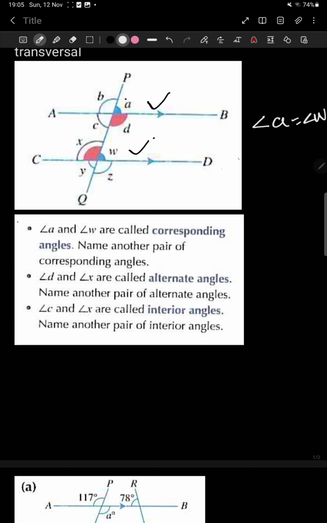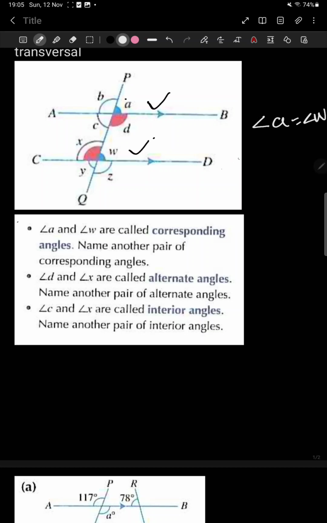Other corresponding angles: angle D will be equal to angle Z. These two angles are corresponding angles. Corresponding angles means that, you can see, this is the parallel line AB and here is the parallel line CD.